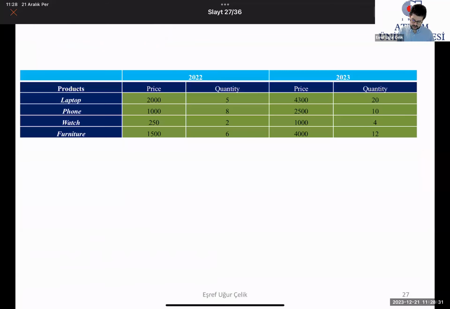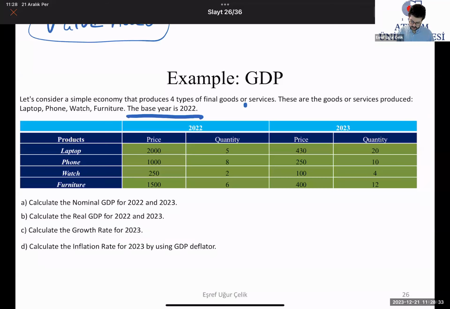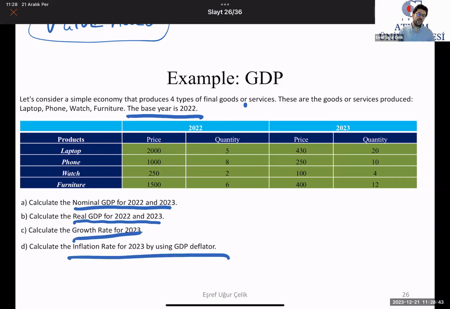Let's look at the question. First, nominal GDP for 2 years, real GDP for 2 years, growth rate, and inflation using the GDP deflator.